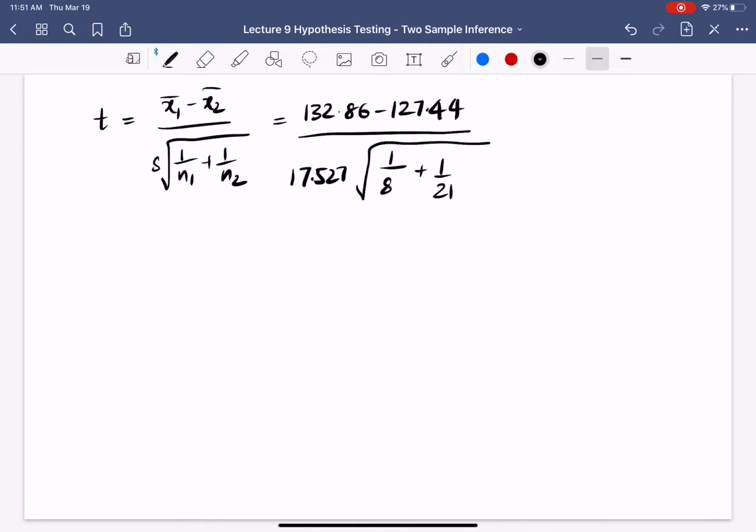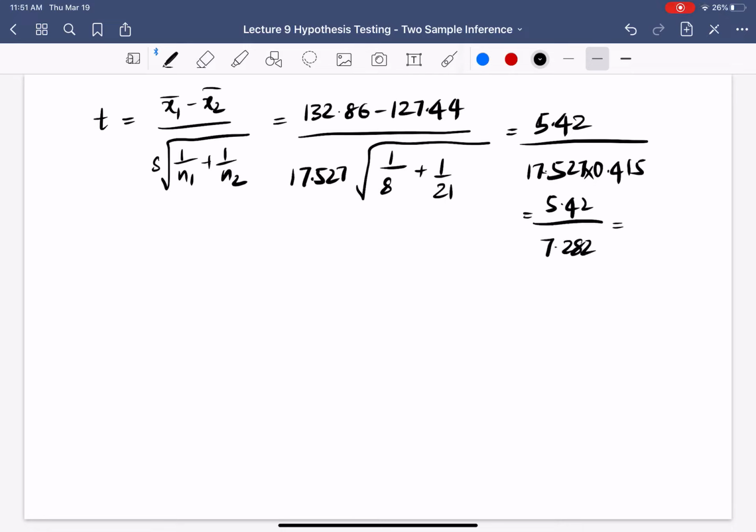So now if you calculate the value, you get 5.42 divided by 17.527 into 0.415. So that gives you a value of 5.42 divided by 7.282. So the final value you have is 0.7. So the T value that you get is 0.7.